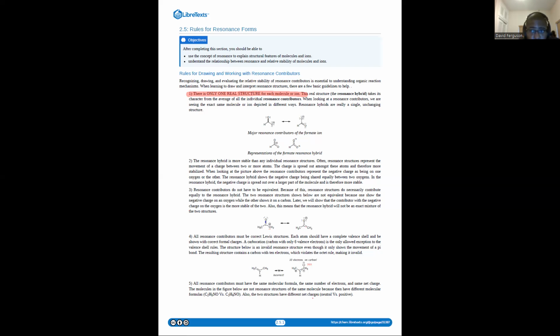That's the first objective we need to fulfill. So, resonance hybrid. It takes its character from the average of all individual resonance contributors.